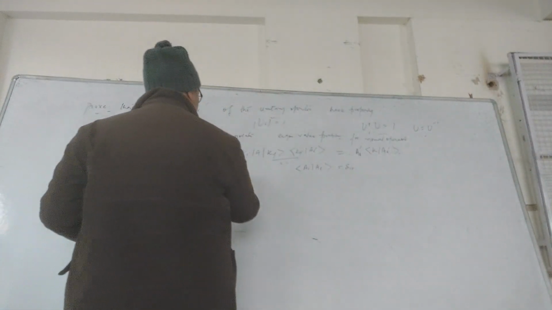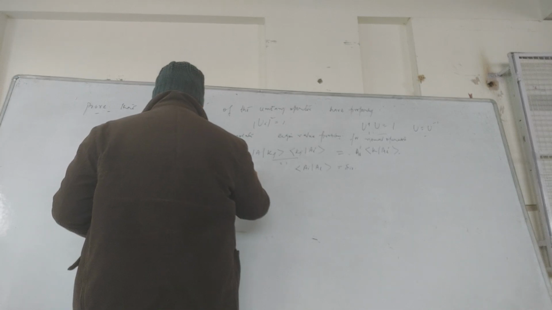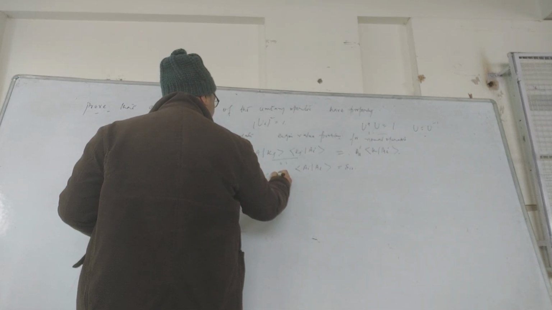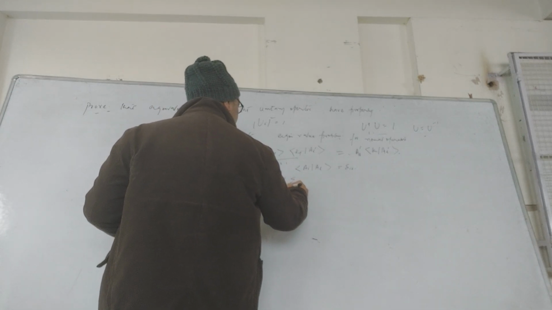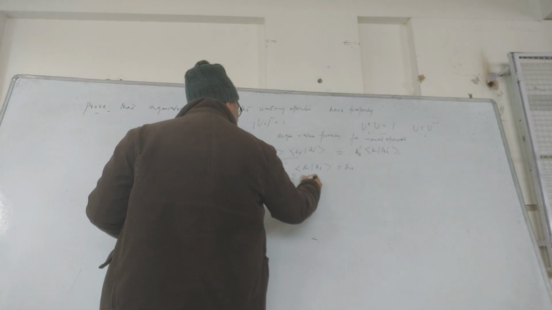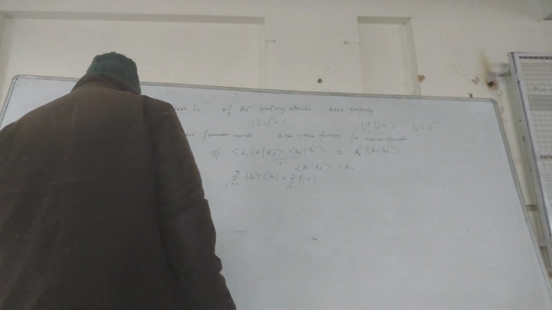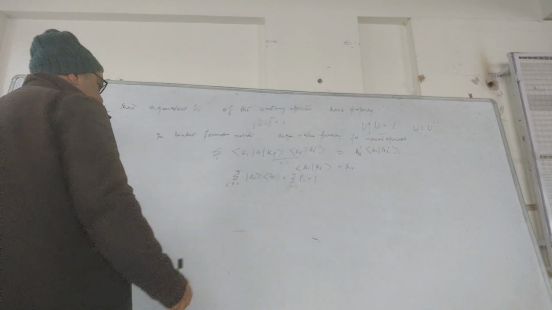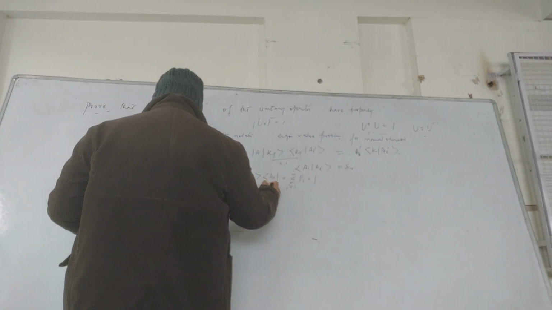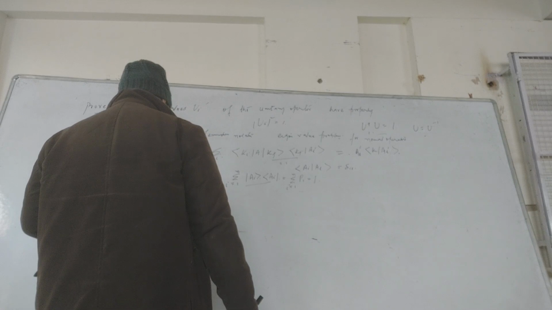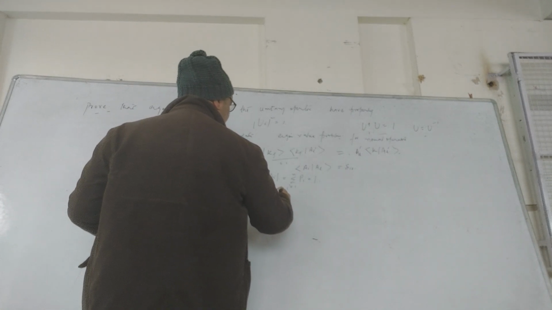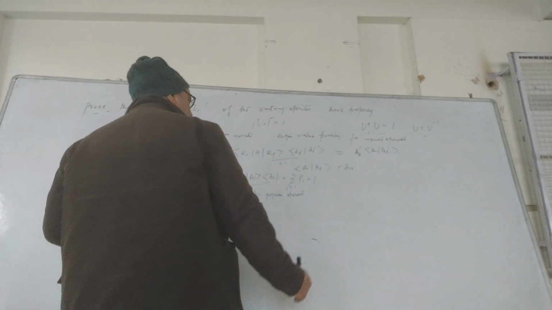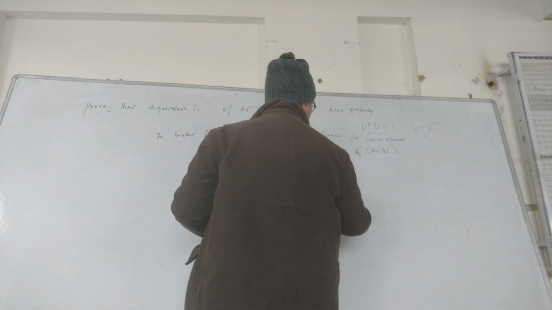So if i runs from 1 to n, we have defined sigma i equal to 1 to n, P of i is 1. This is the projection operator for eigenvector ai.